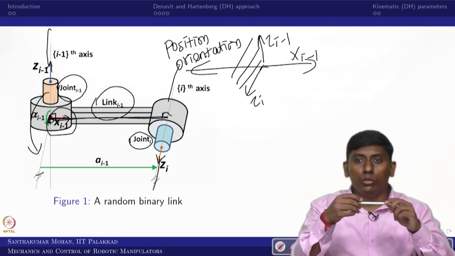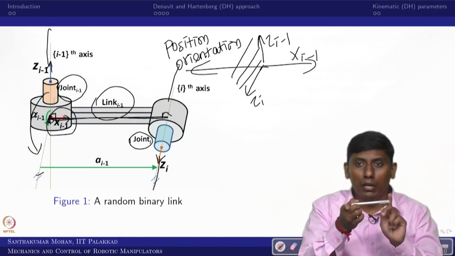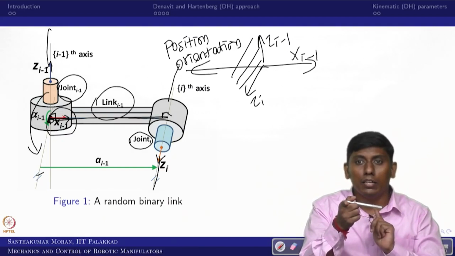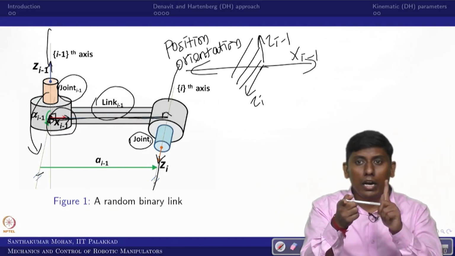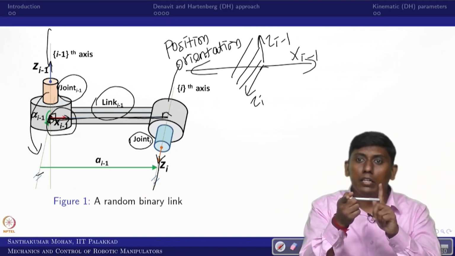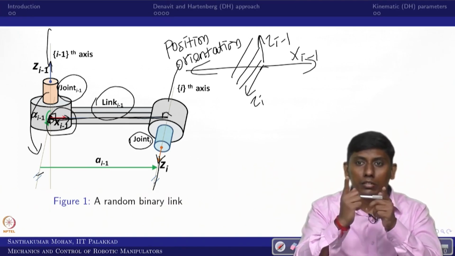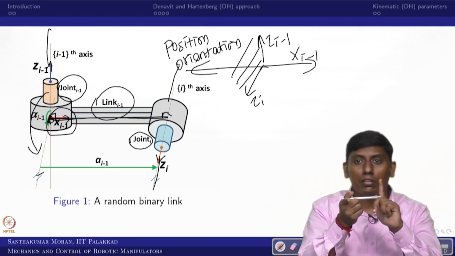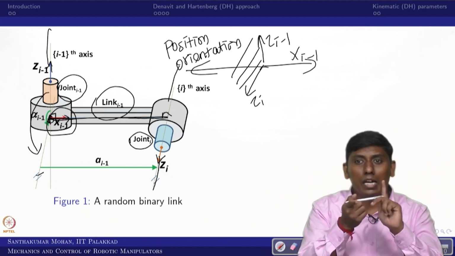So you can see like one of my fingers is coming towards you and another finger is coming vertically up. These are the two joint axes. When these two become parallel, you twist this. In other words, it is twisted like this. This is what you can call the link twist or twist angle.